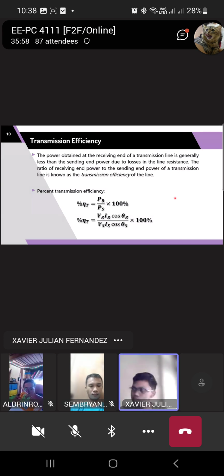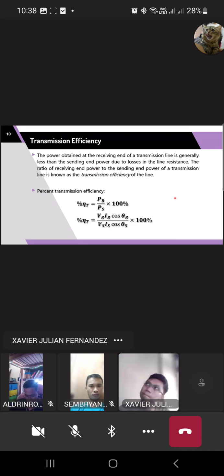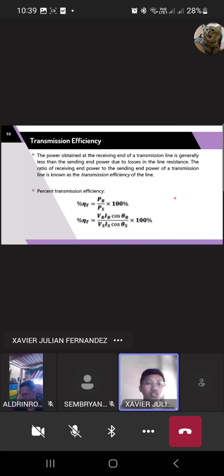However, at the sending end, the power factor is not 0 unless it is given. You assume the power factor for the sending end.